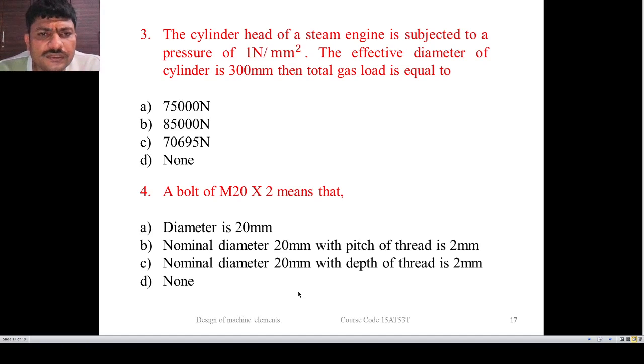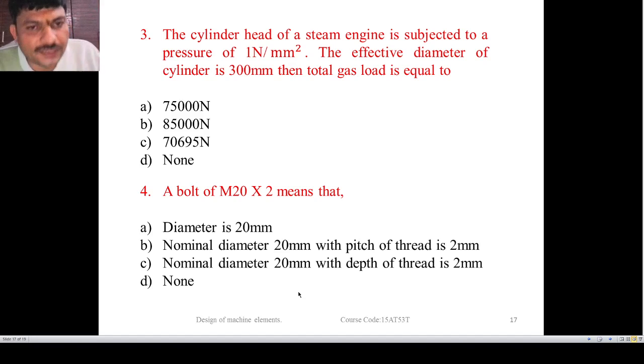Along with the letter M and the number, separated by an 'into' mark, some value is there. That indicates the pitch of the thread. Both these values are separated by the 'into' mark.